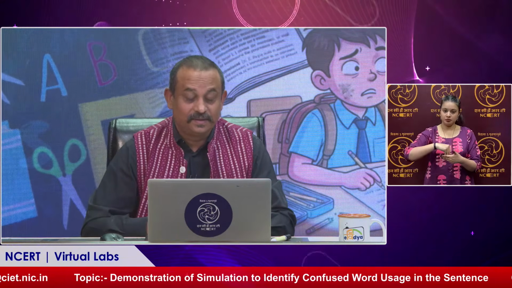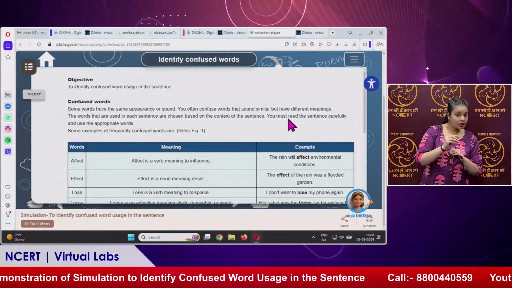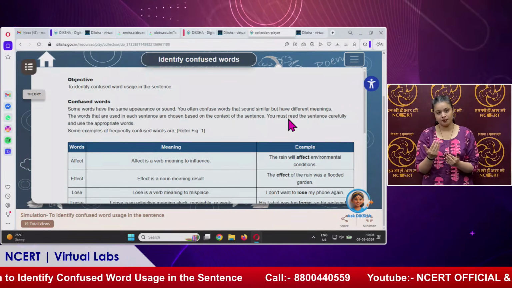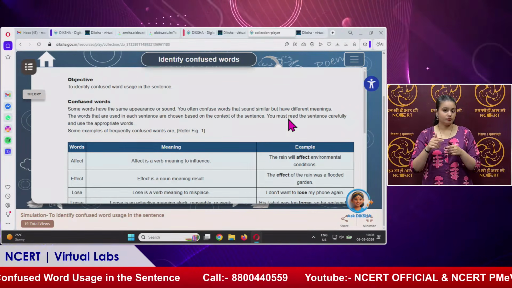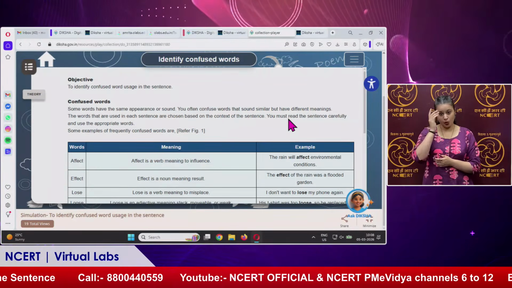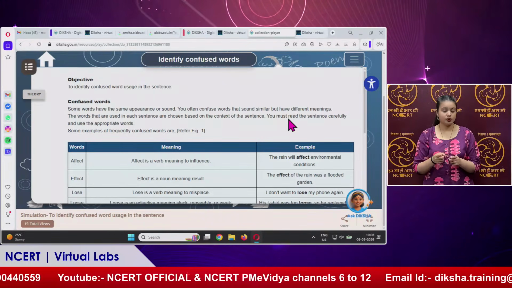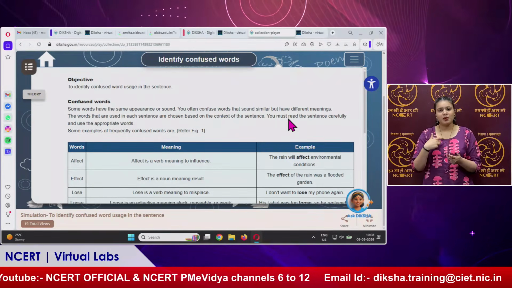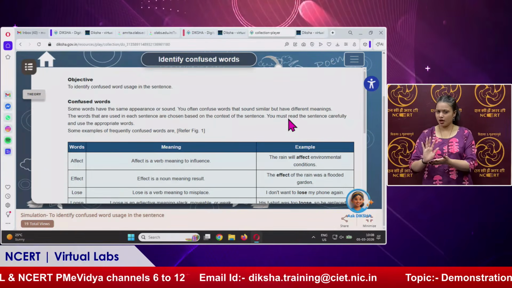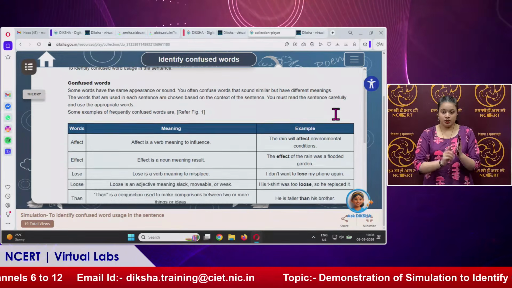So the best way to learn English is to learn by practice. There are exceptions to every rule. But these words are the common words which we must be abreast of, know about them, because they appear very often in our conversation, in our writing, so it's best to know them, and very often we make mistakes in these. So let's see what are the words listed over here, and then I'll tell some more.